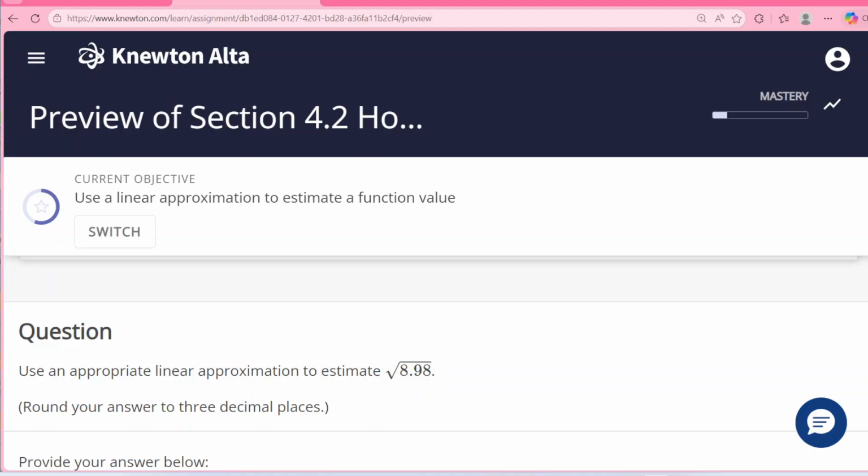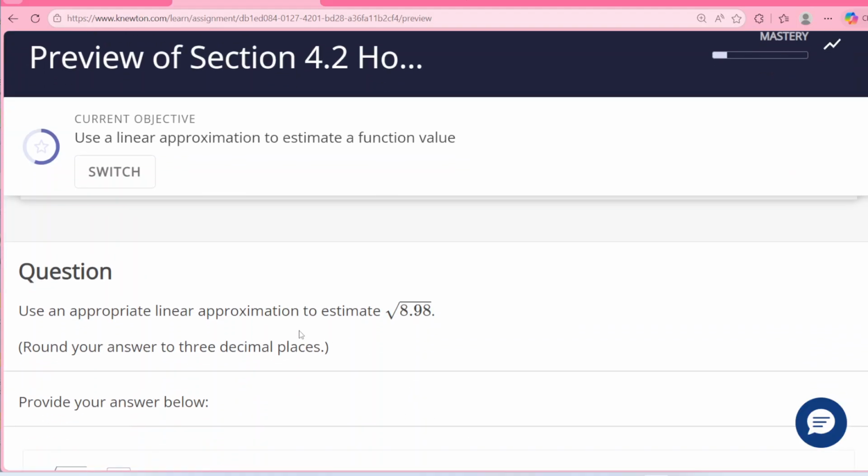Okay, so now we're asked to do more of the same. So again, we're asked to use our tangent line, linear approximation, to estimate the square root of 8.98, which I hope you understand is close to the square root of 9.